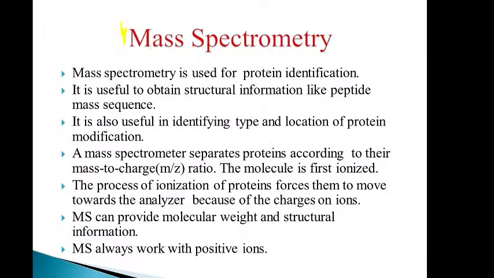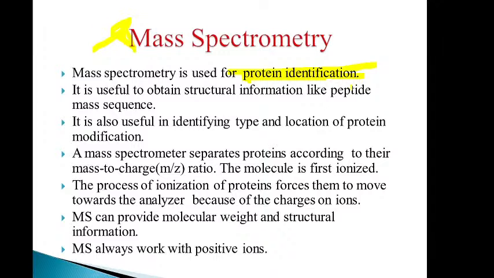So what is mass spectrometry? Or you can say, why is mass spectrometry so important for protein identification? The very first line is that mass spectrometry is used for protein identification, that this is this protein. What do you mean by identification?